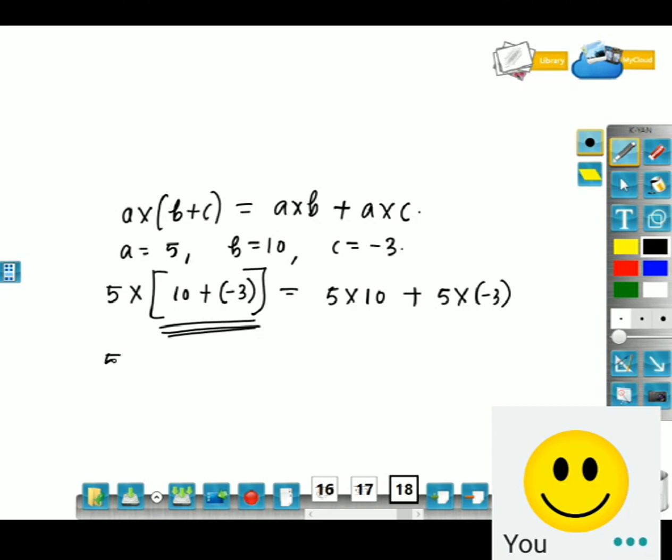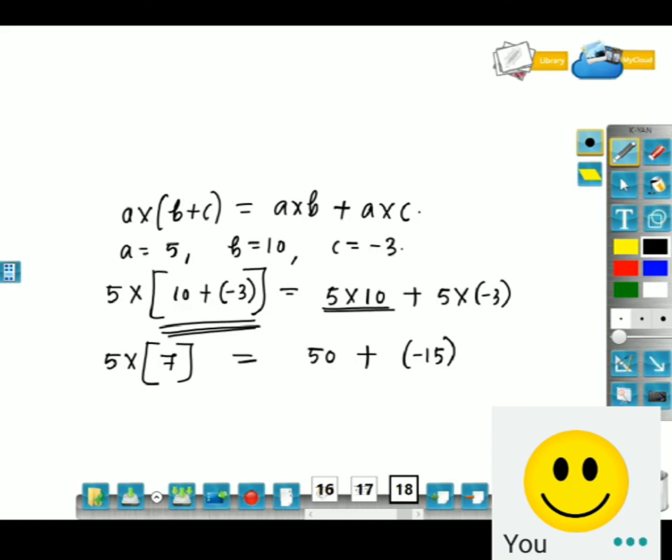So 5 into [10 plus -3]. 10 plus -3 is nothing but 7, because one is positive number, another one is a negative number, so you have to subtract. So on subtracting you will get 7 is equal to, here 5 into 10 it will be 50 plus 5 into -3 it will be -15.